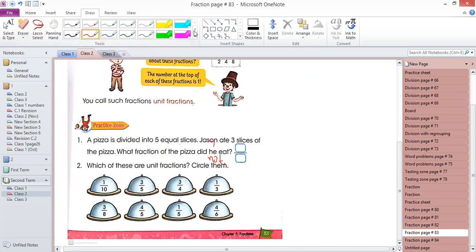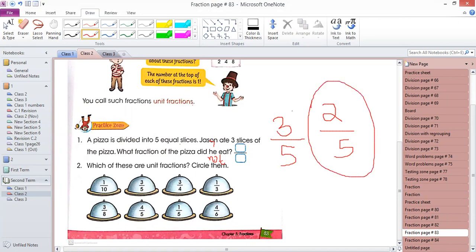He ate 3 pieces. 2 pieces. Very good. So the fraction of the pizza he did not eat will be 2 over 5.